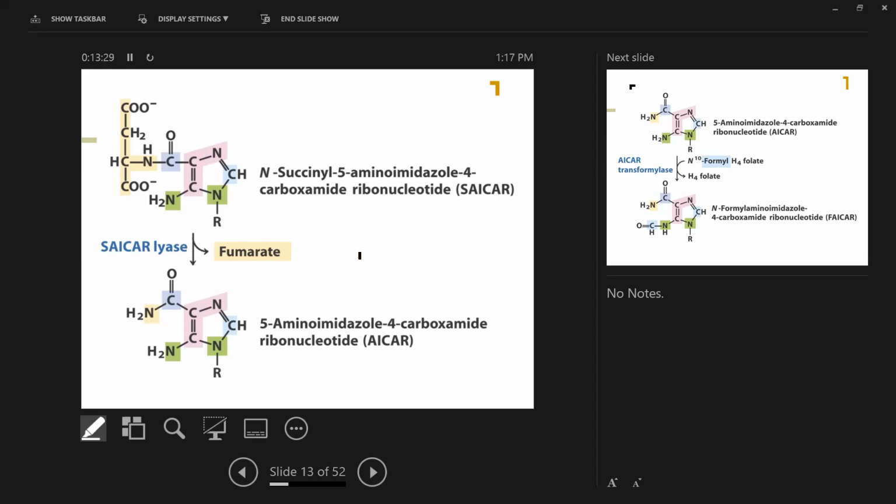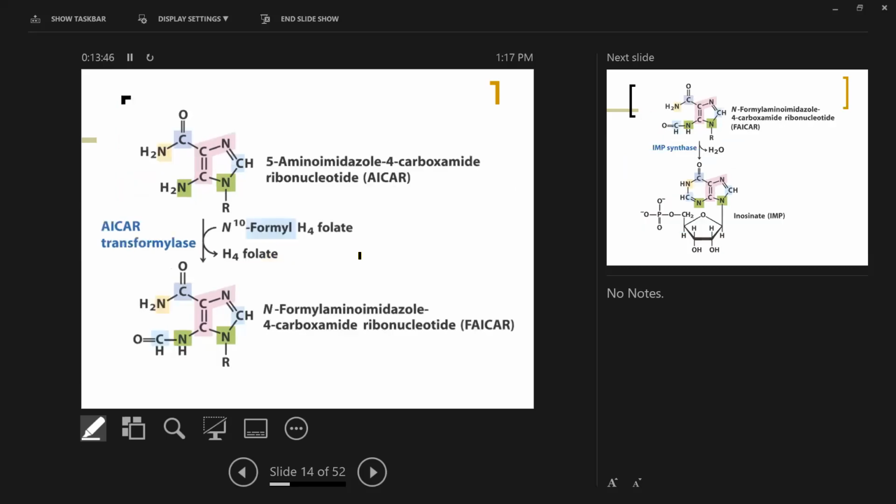How do we do it over here? Right, aldehyde. We're going to use another aldehyde. So who carries aldehydes? Tetrahydrofolate. So you're going to use N10-formyl tetrahydrofolate.